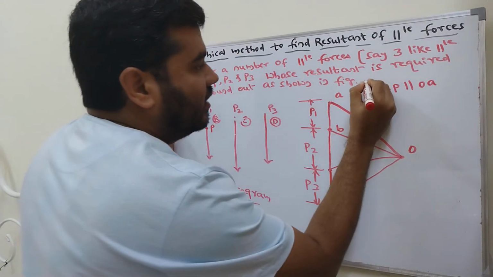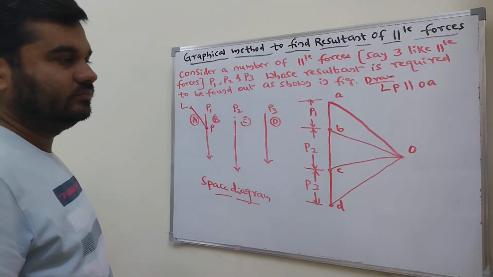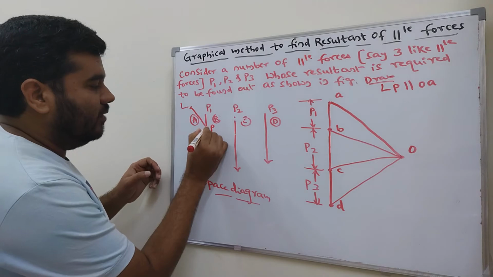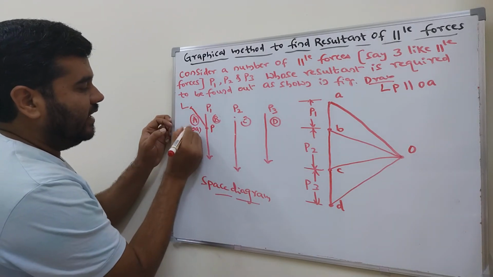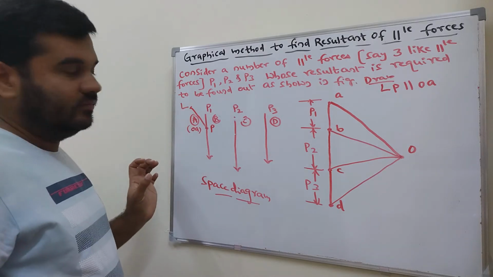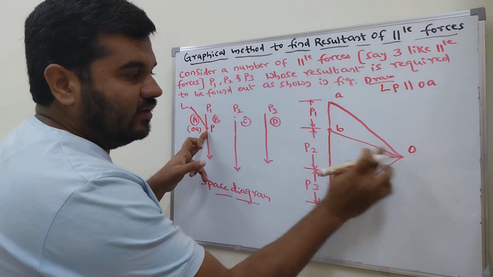Okay, you need to draw LP parallel to OA. I'll write this one as OA. Now again start with P. What is the next line here? OB.